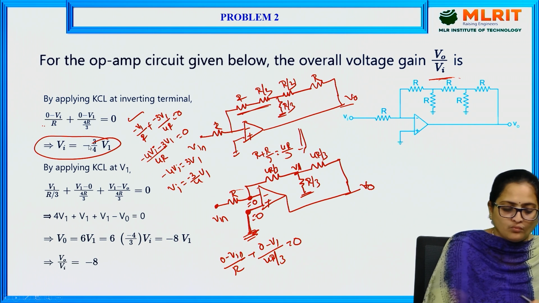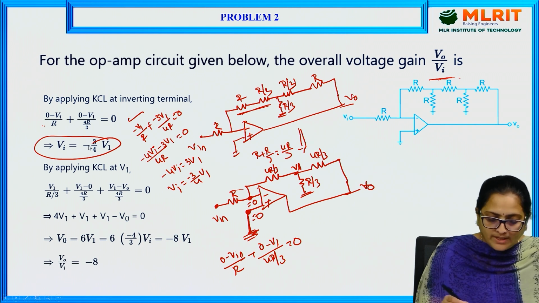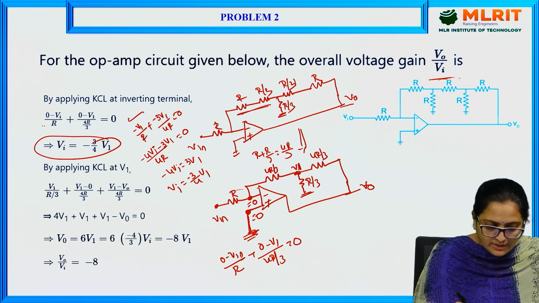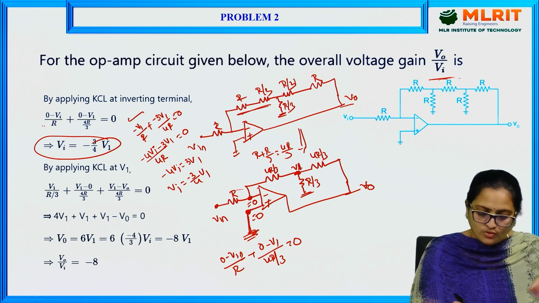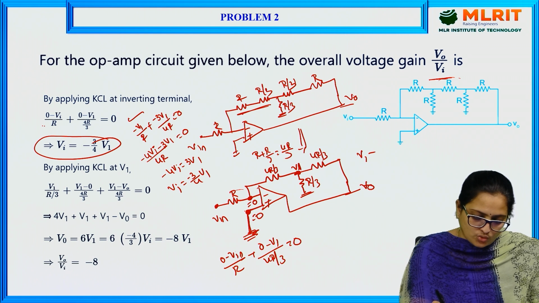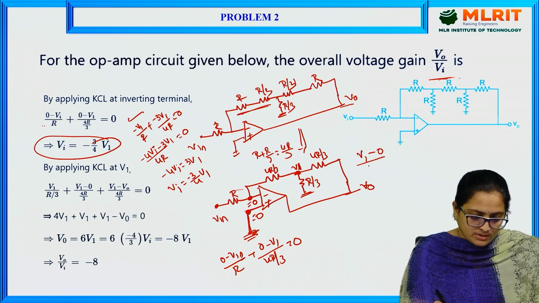So we got Vi. Now you apply a KCL at this particular node V1.